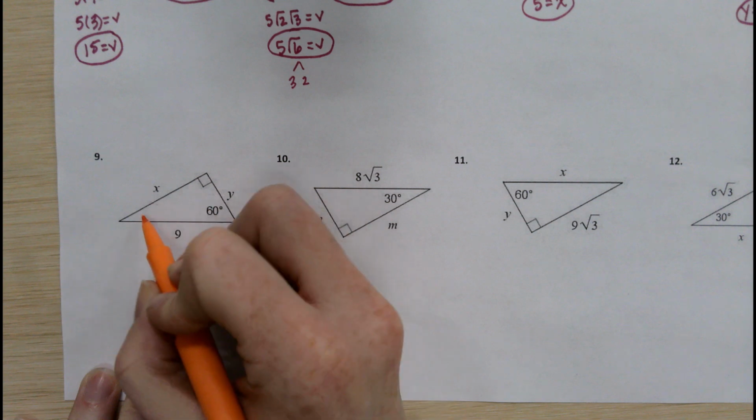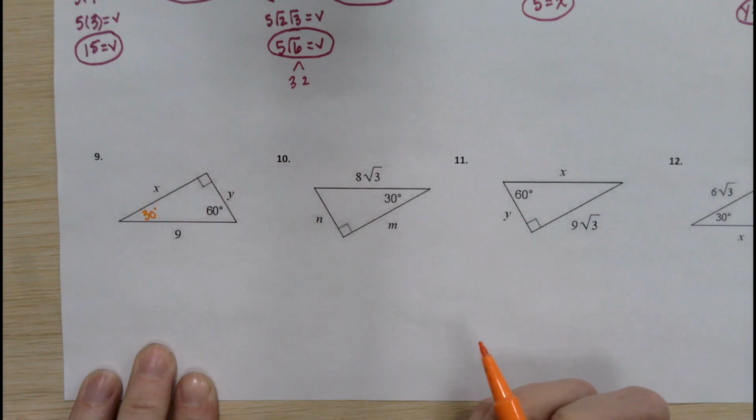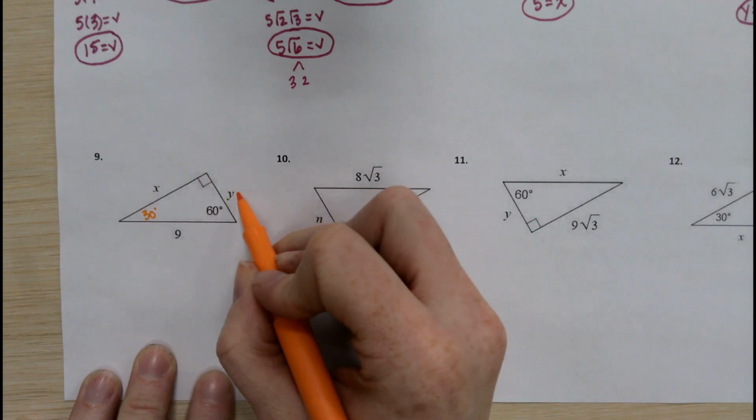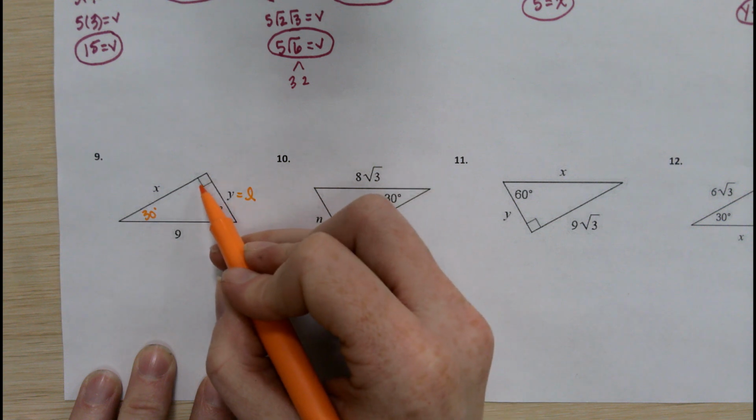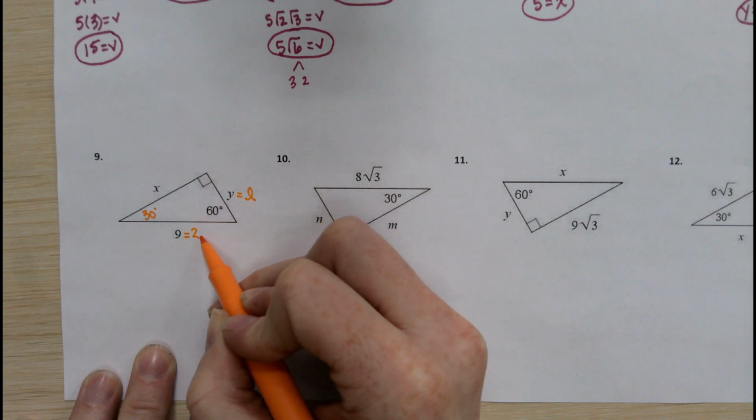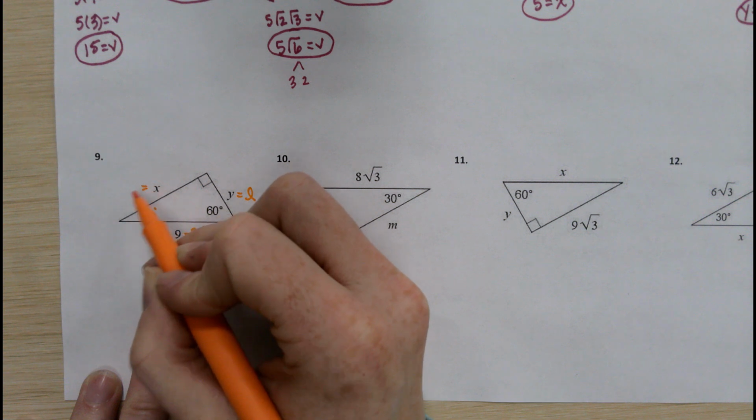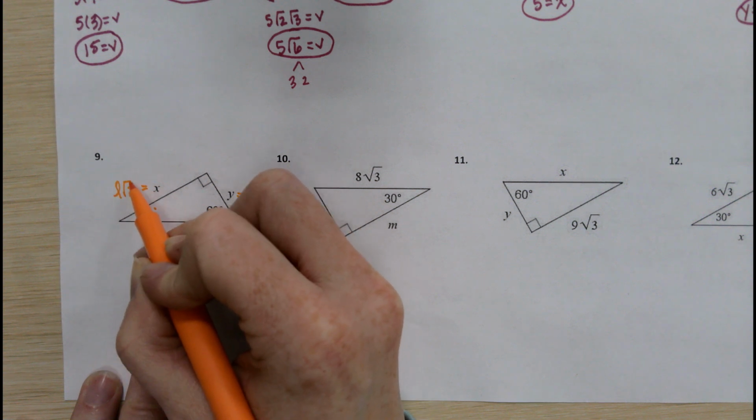We've got a 60 and a 90, so this corner will be 30 degrees, which means across from that 30 will be our shortest side. Across from 90 will be equal to 2L, and then our third and final side will be equal to L root 3.